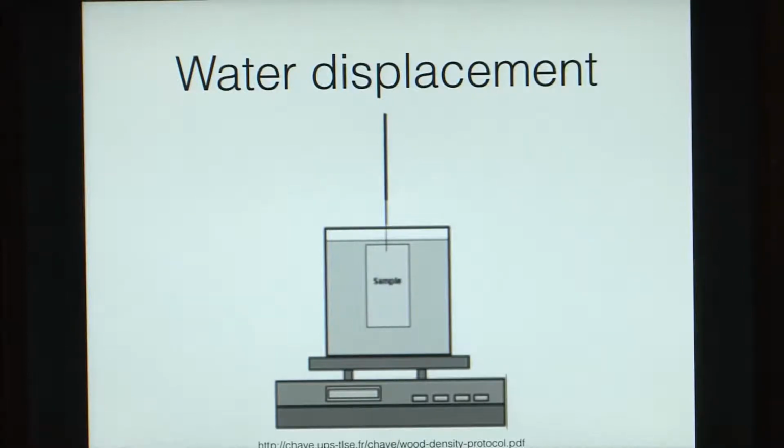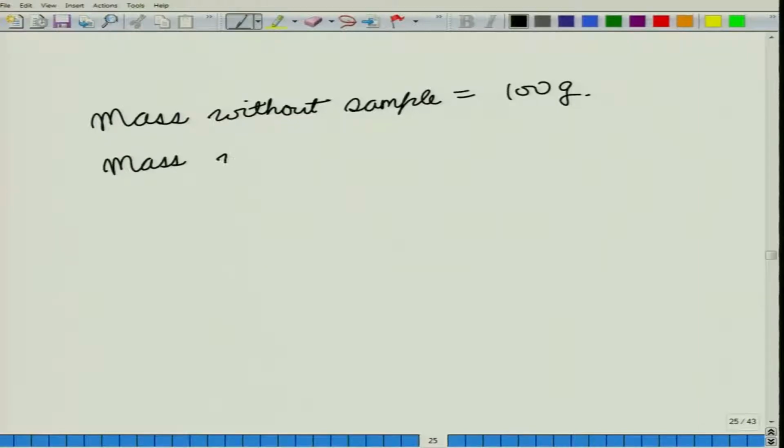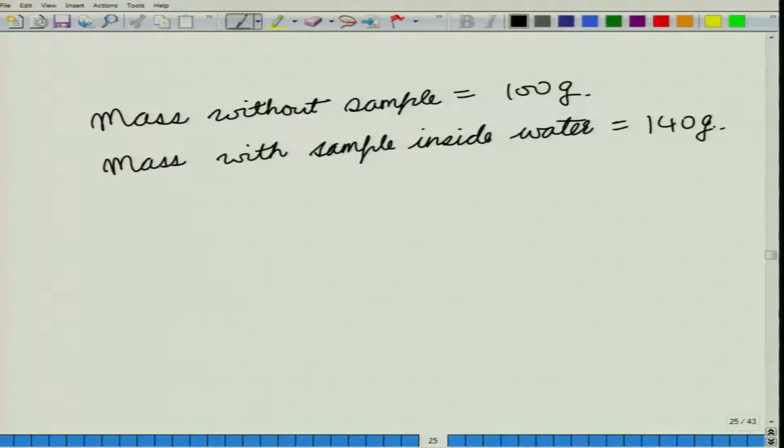Suppose the mass without the sample was, say, 100 grams, and the mass with the sample inside water, pushed in with a fine needle, increases to 140 grams. So, the mass that is added is 140 grams minus 100 grams, which is 40 grams.